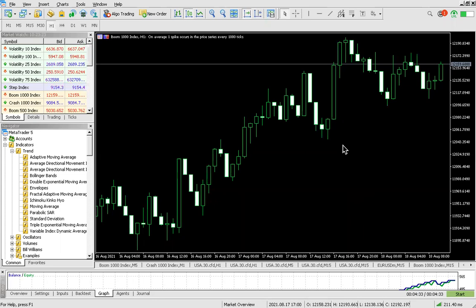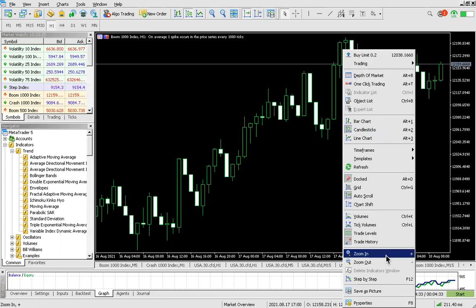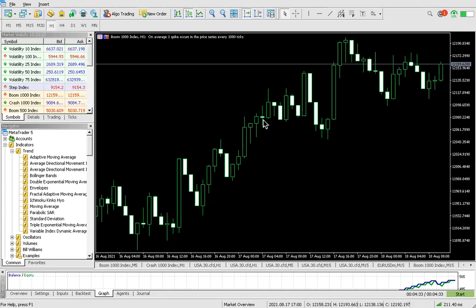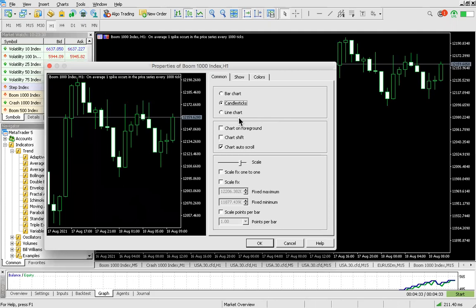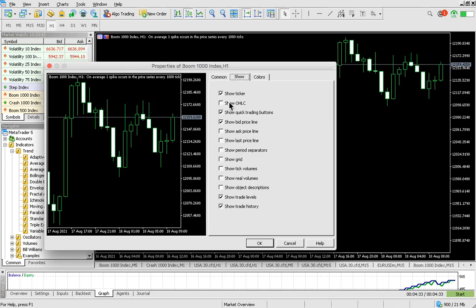Then you right click on your chart and go to where it says properties. On properties, you go to the show tab, and on show you click show as cross line, and you also show period separators.